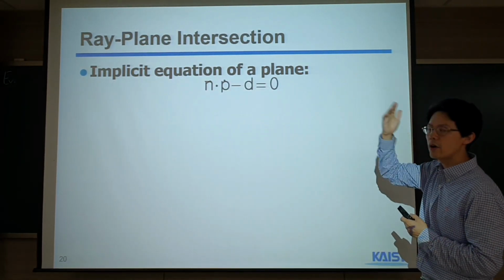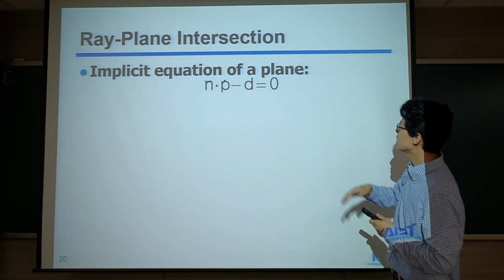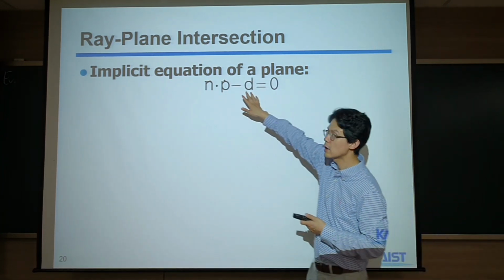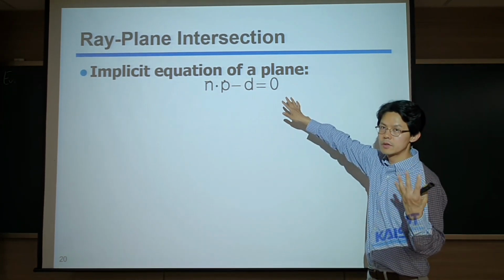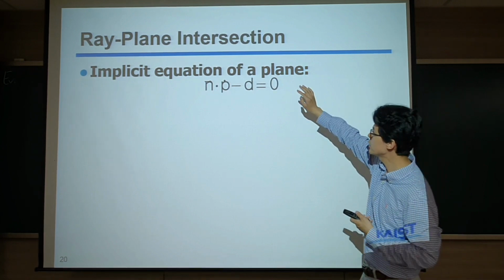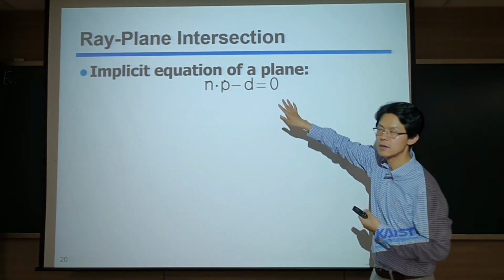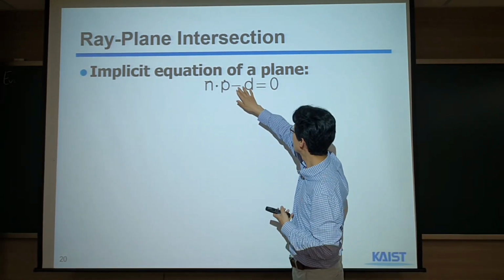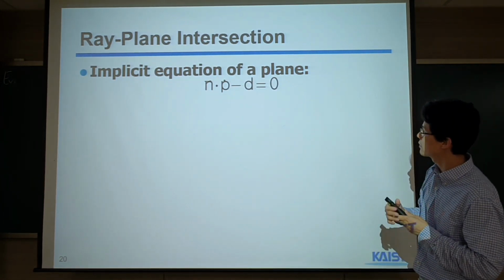Here, we just assume that all the objects are represented by planes. This is the implicit equation of the plane. You may recall this from when we talked about rasterization. We used this equation: n is the normal, which for the plane is a unit vector, and d gives the distance from the origin to the plane, right?